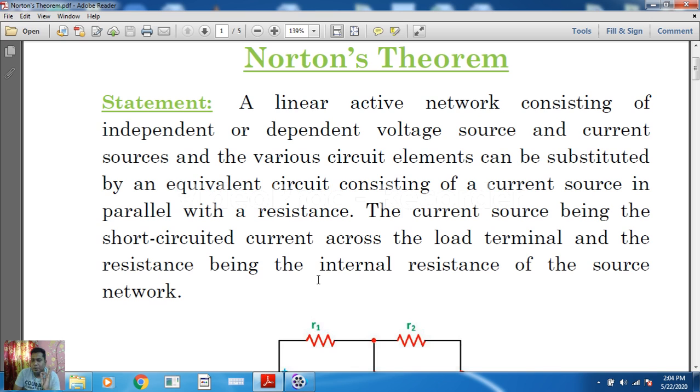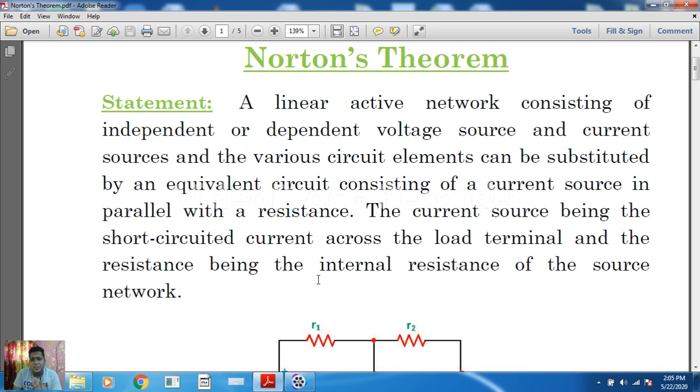So what is the use? As I have told, it is an application of Thevenin's theorem. Whatever the application of Thevenin's theorem is, that must be the application of Norton's theorem. What was the application of Thevenin's theorem? It can be used to simplify a complex circuit to a simpler one, to find the current or voltage through a particular branch of a complex network.